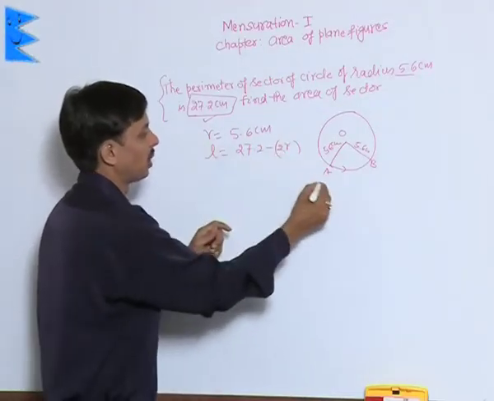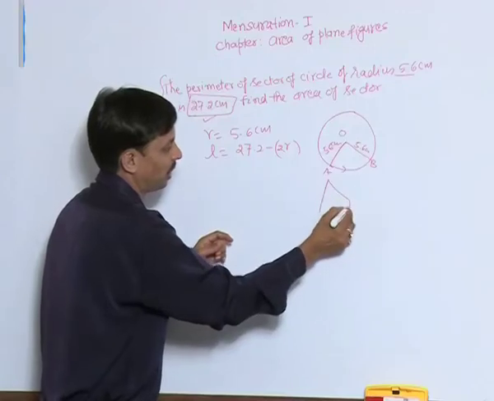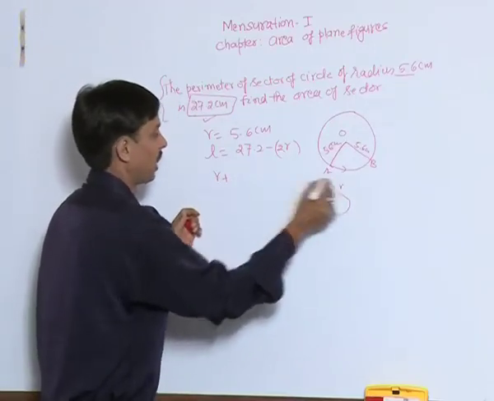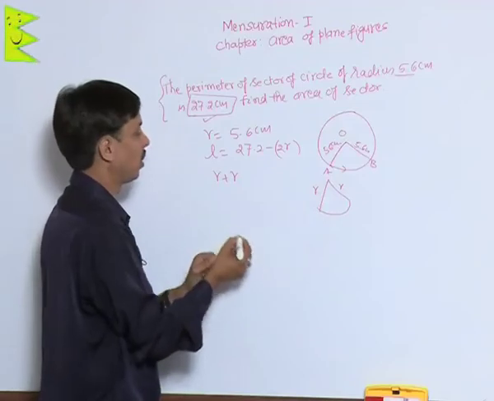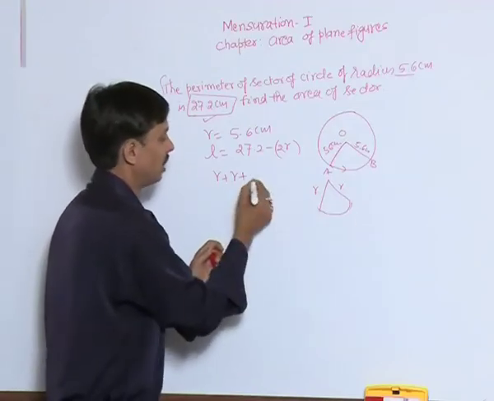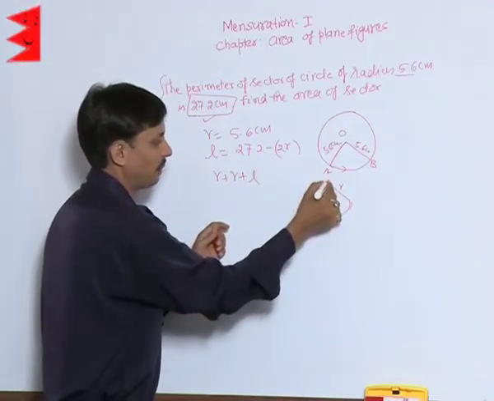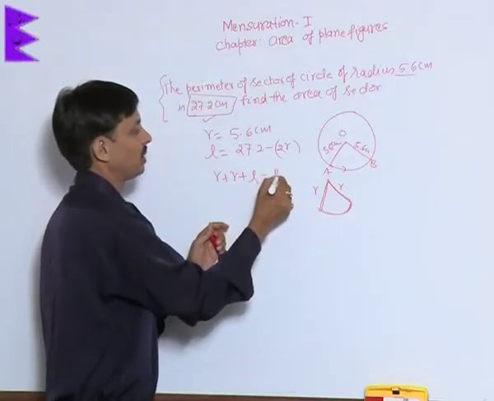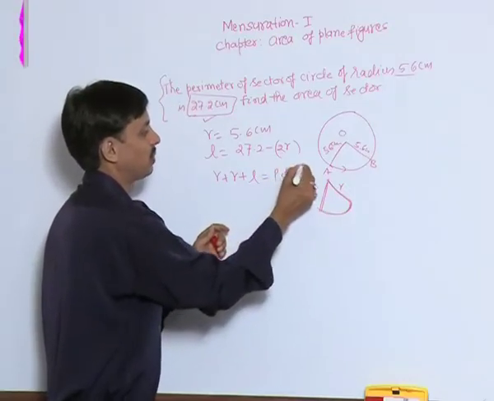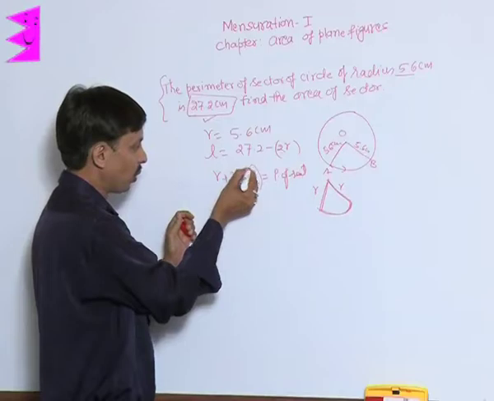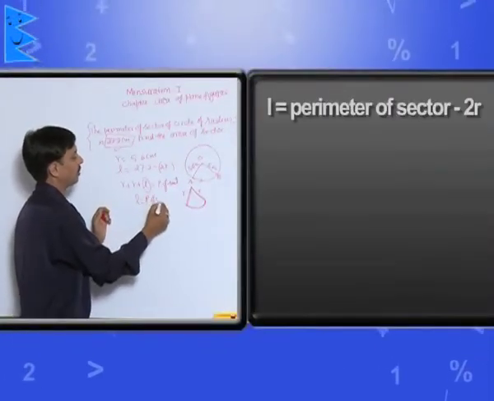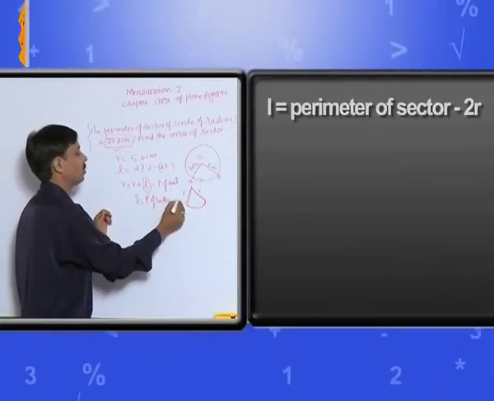Because the perimeter of the sector is taken as the first radius, that is r, the second radius, radii are always the same, plus the length of arc. So 2r plus L is known as the perimeter of the sector. So if you want to calculate L, it becomes the perimeter of the sector minus 2r.